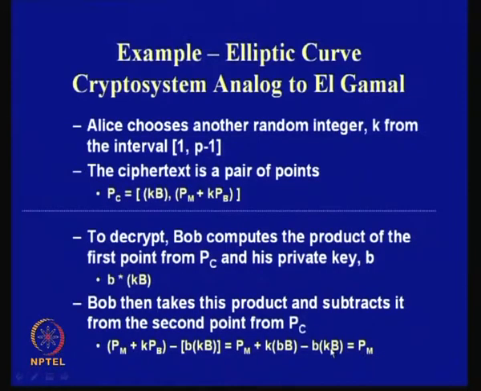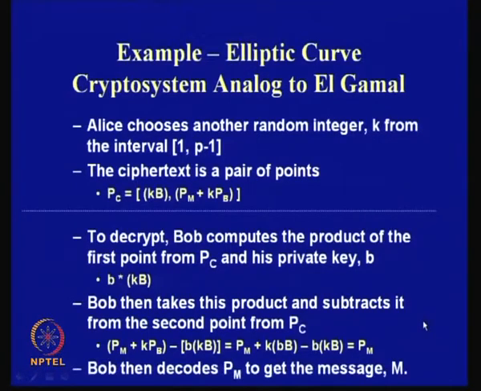Then by using the previous decoding algorithm, you obtain back the message M. This is quite analogous to what we have seen. So, Bob decodes Pm to get the message M. That is how you do encryption and decryption.